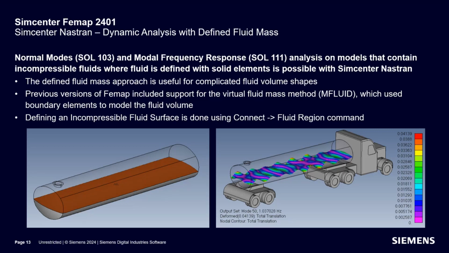So the defined fluid mass method is most helpful for complicated fluid volume shapes. And the other advantage is that it can take into account the effects of sloshing, whereas the virtual fluid mass method could not.